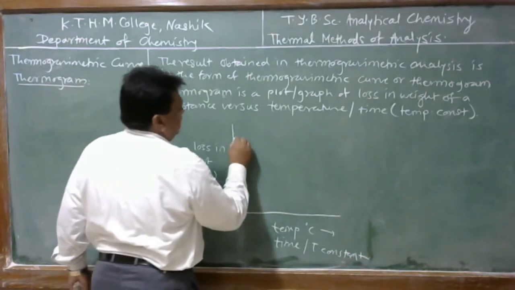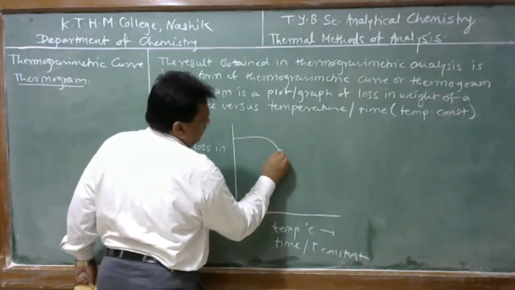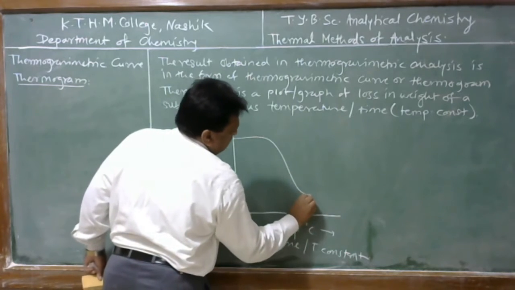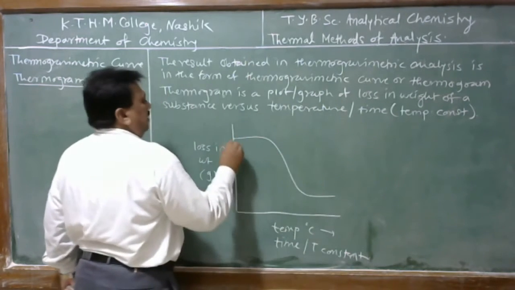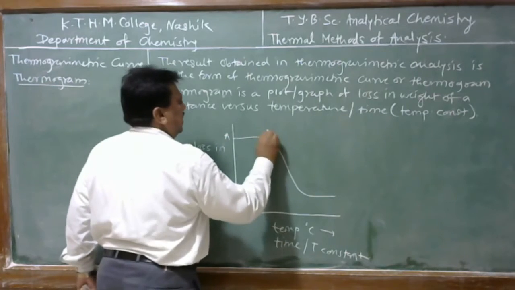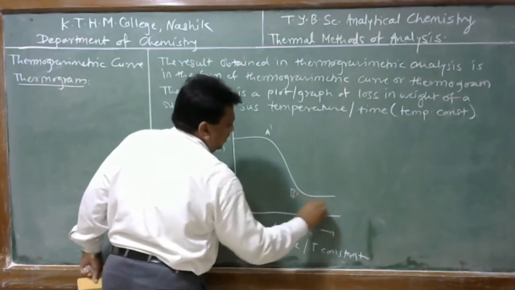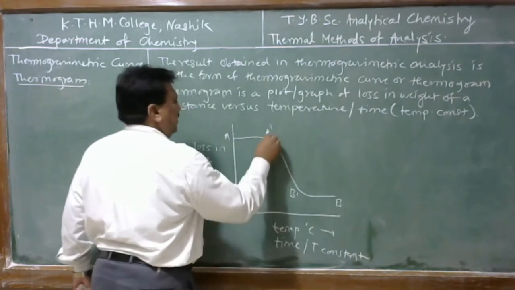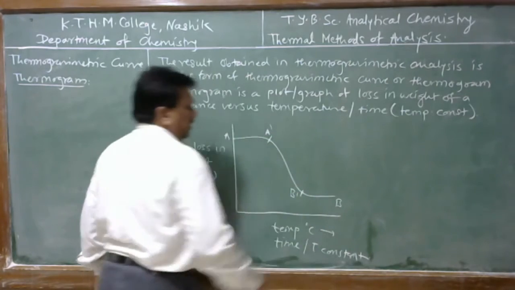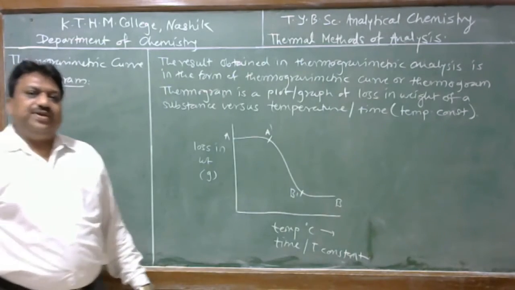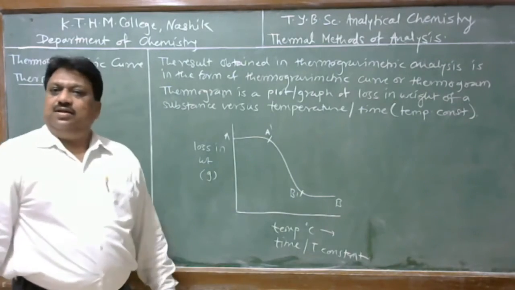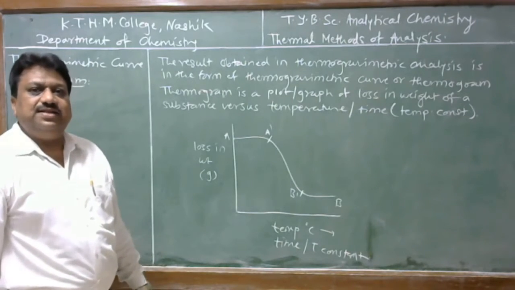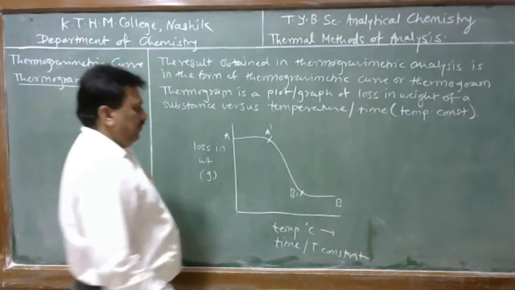The curve has a shape in this fashion, and here this is A, this is A dash, this is B dash, this is B. Therefore, a step-shaped curve is obtained in thermogravimetric analysis, that is called a thermogram.